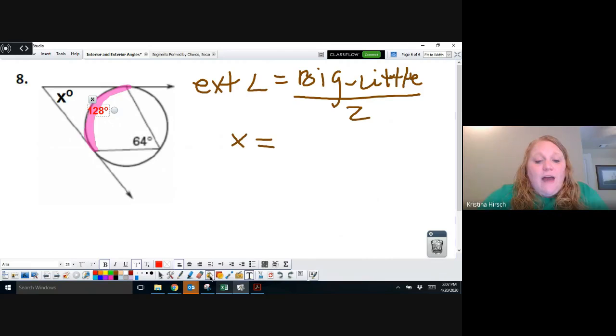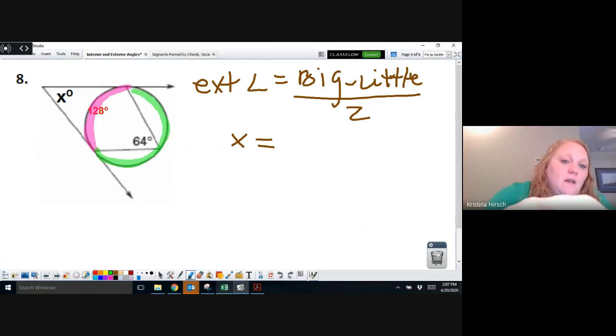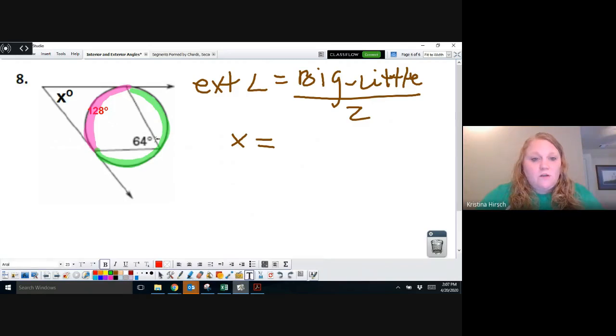Well, now that I know that arc, I can find the other arc, because I know that a full circle is 360 degrees. So I can find this arc right here by subtracting the 128. So 360 minus the 128 gives me 232 degrees.